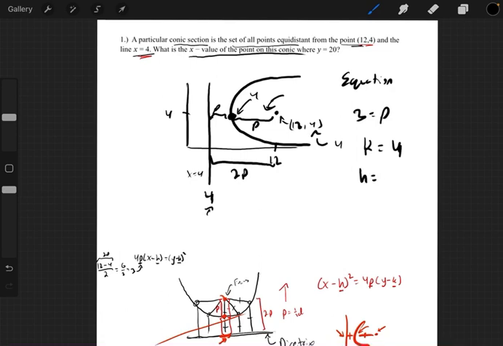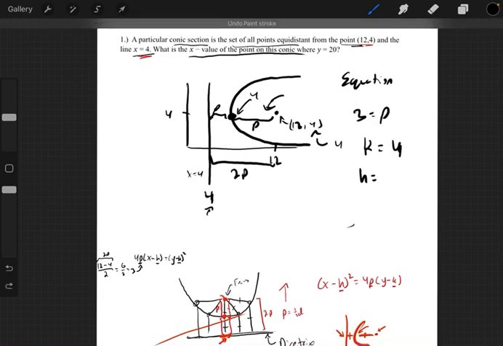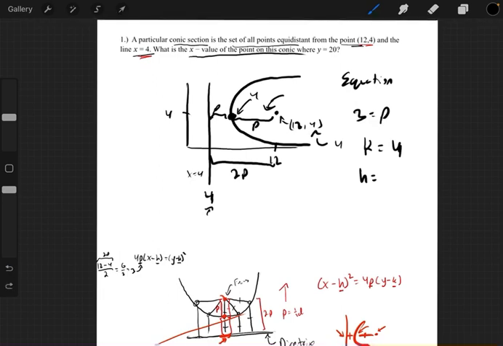Well, h is on the x-axis, and it is directly in between, a distance p away from 12 over here, or 4 over here, because it is equidistant from the directrix and the focus. There are a couple of ways to do this. We know that p is 3, which means we could take 12, subtract 3, and you get 9. Or take 4. Wait a minute.